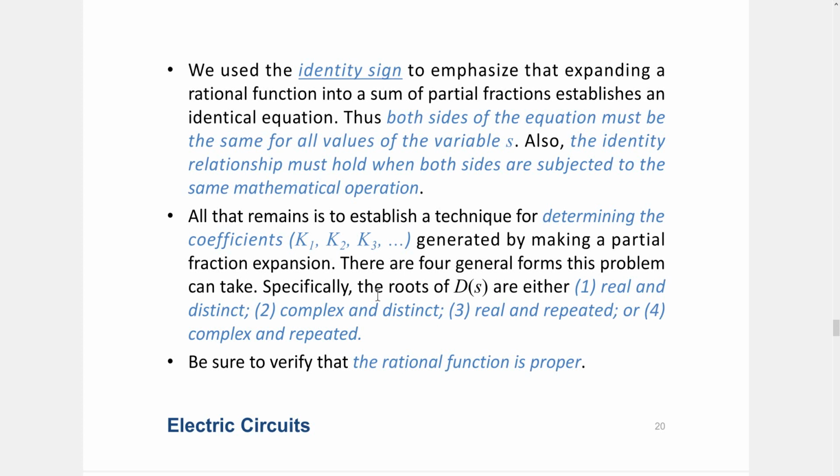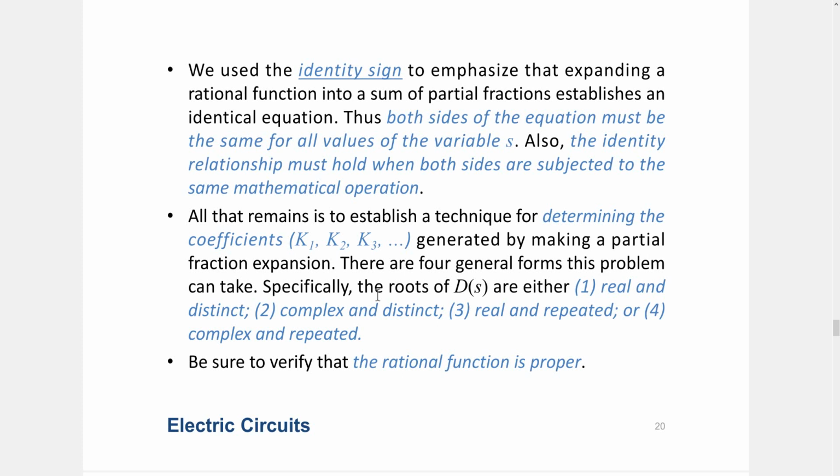Now, there are typically four general forms this problem can take. The roots of the denominator are either real and distinct, they could be complex and distinct, they could be real and repeated, or complex and repeated.